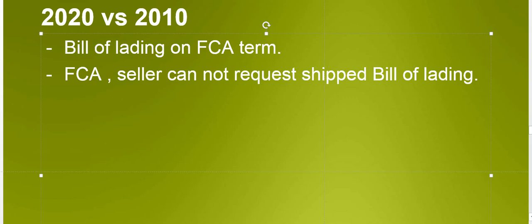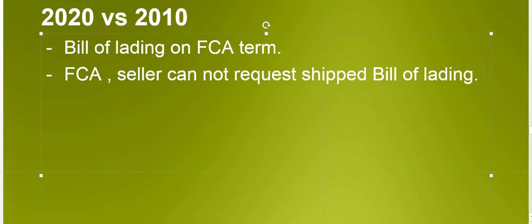F term is delivered at the shipping area, not the destination, not the arrival area. F term is for the shipment area.